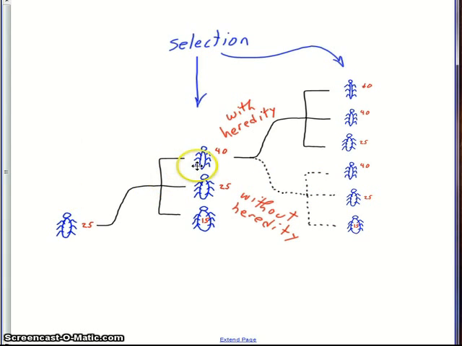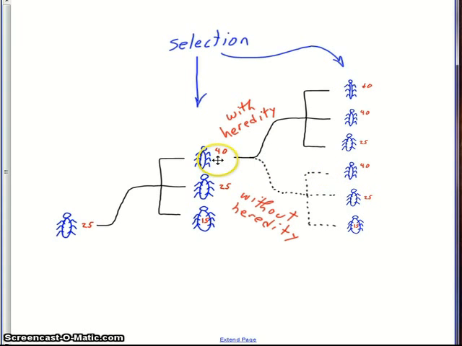Now we can see this more clearly if we imagine what would happen if there was no heredity in the trait of body shape. So here we have the 40 percenter has the most advantageous trait. But if body shape was not hereditary, then the 40 percenters might have the following offspring. They could have 25 percenters as being the most likely offspring, with some 15 percenters and some 40 percenters added in, right?